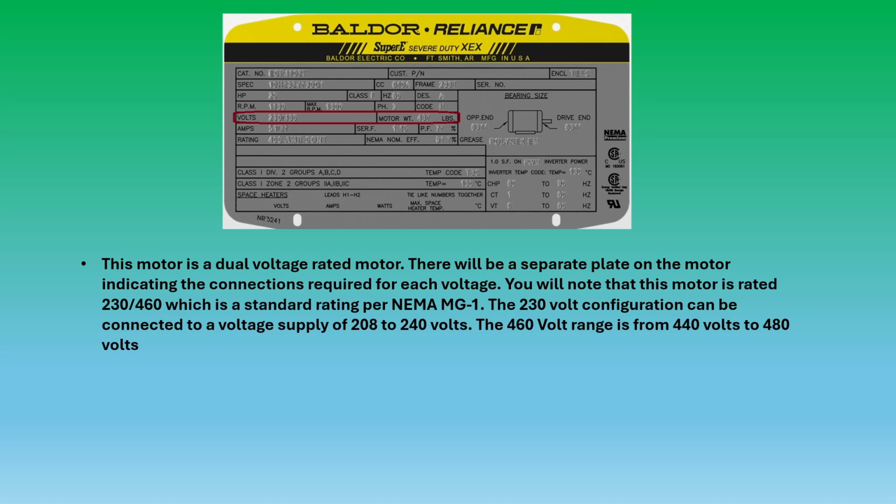The 230 volt configuration can be connected to a voltage supply of 208 to 240 volts. The 460 volt range is from 440 volts to 480 volts.